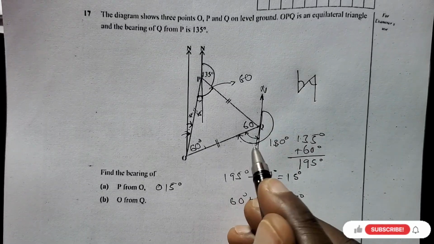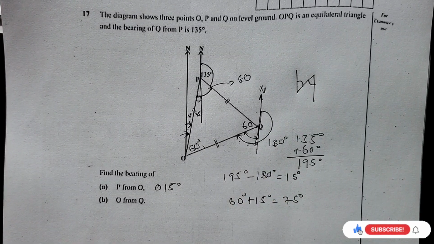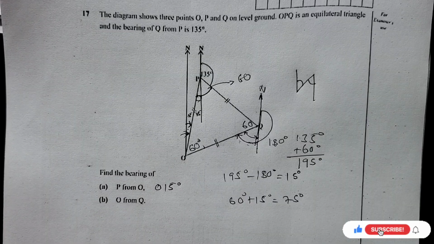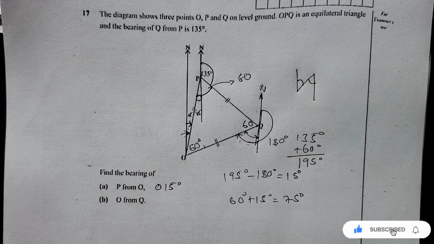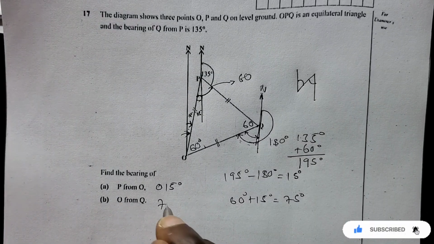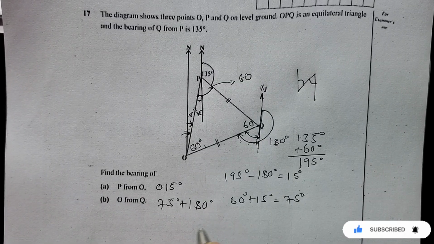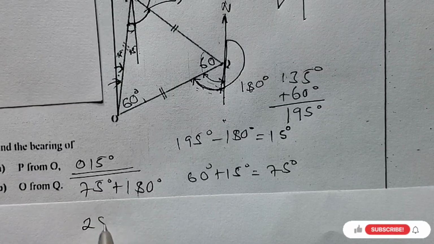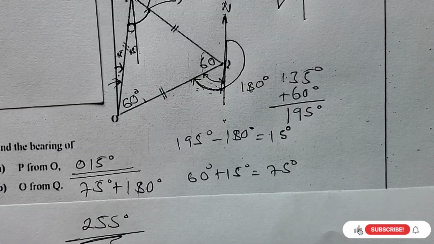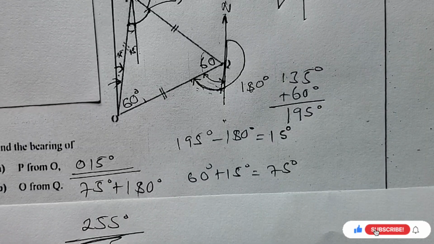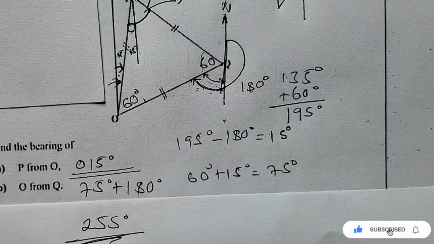So even here is 75. Very good. So we are going to add 75 plus 180. This is giving us 255 degrees as the answer. 255 degrees.